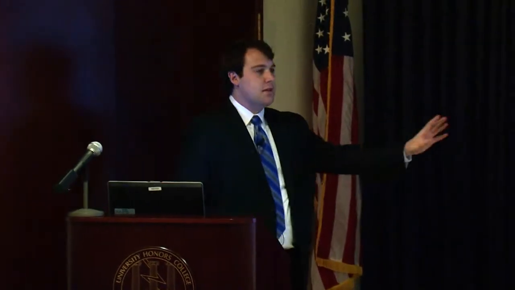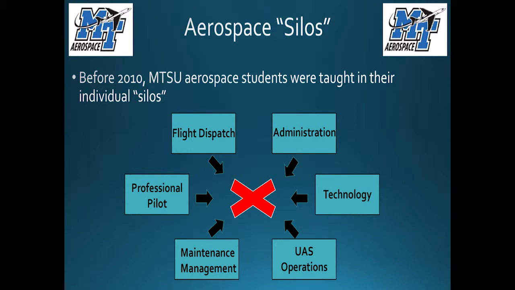So to begin, MTSU's aerospace program consists of 6 concentrations, and they are flight dispatch, administration, professional pilot, technology, unmanned aircraft system operations, or what we call UAS operations, and maintenance management. And prior to 2010, MTSU's aerospace program was facing a major issue, and that was its aerospace students were taught in their individual silos.